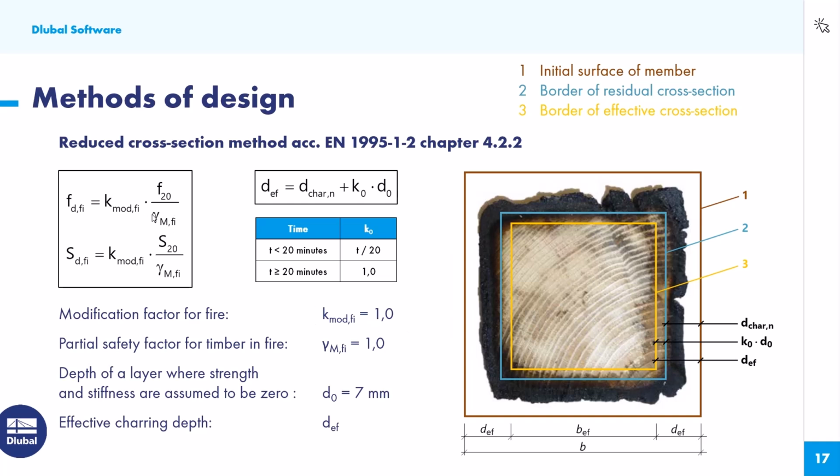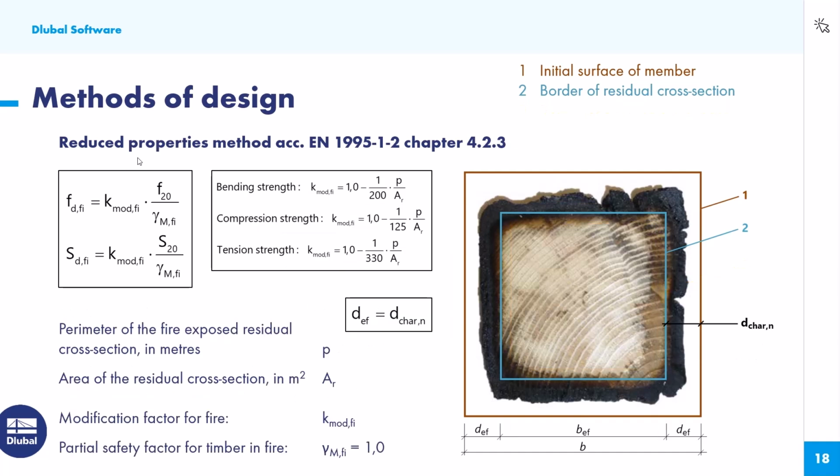And also the partial safety factor, since it is an extraordinary design situation, is also 1.0. And therefore, at least in the global Eurocode, maybe there might be some national annexes, I didn't check it, which have higher partial safety factors, but I don't think so. And then you see this is 1, this is 1, and therefore the design strength equals the 20% quantile values. Okay, and also for the stiffness.